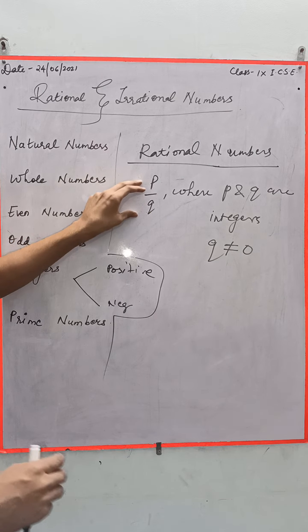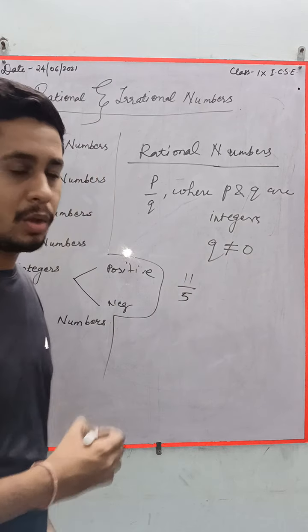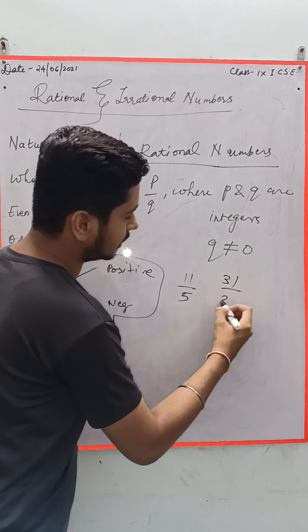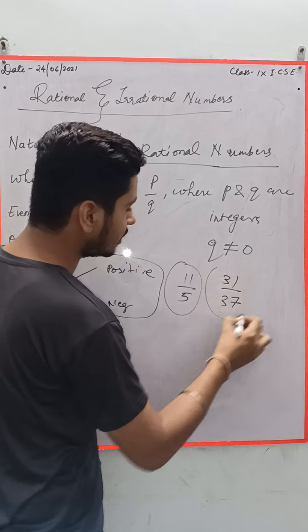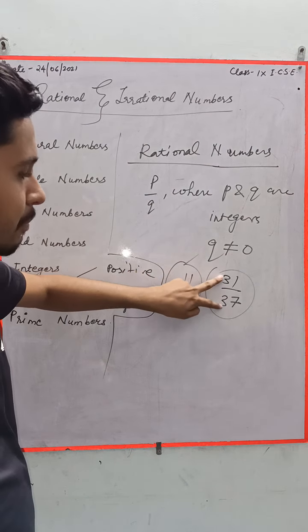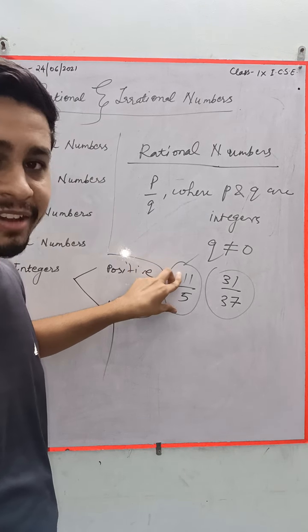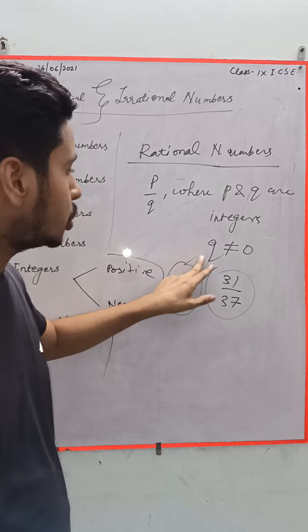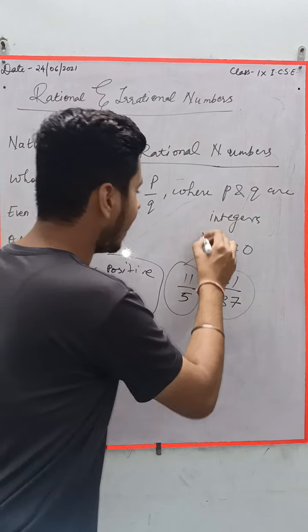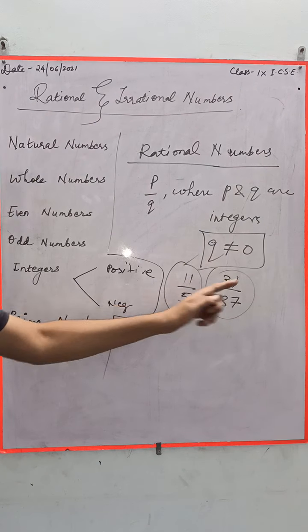Okay, p by q form means, say for example I'm saying 11 by 5 or 31 by 37. So they are in the form of fractions, right? P upon q form, and p and q are integers. Here 11 and 5 are integers, and q should not be equal to 0. Why did I say that this condition is very important for us, q should not be equal to 0?